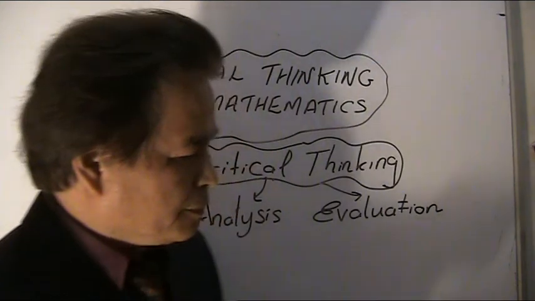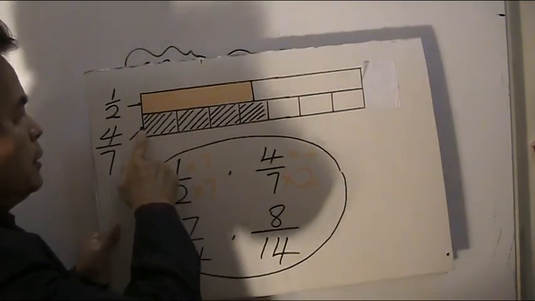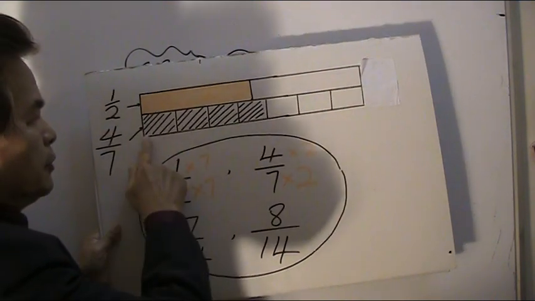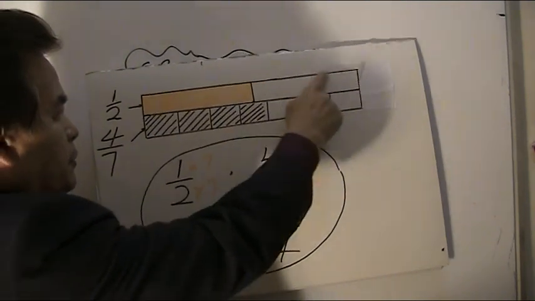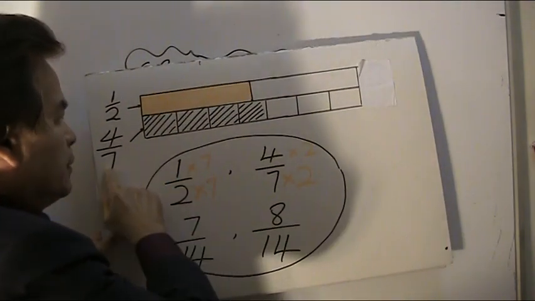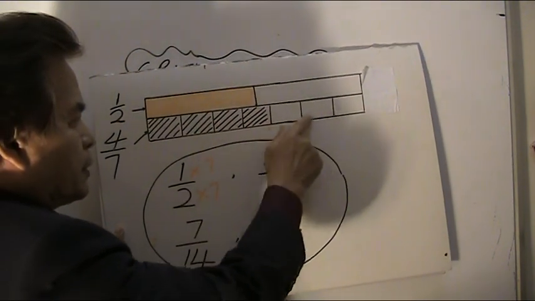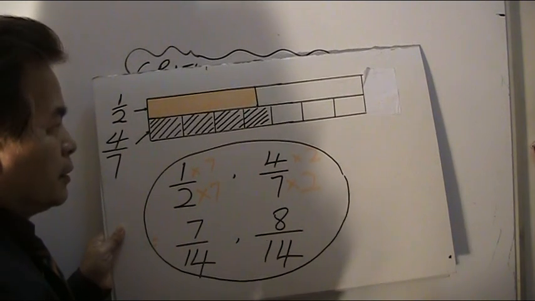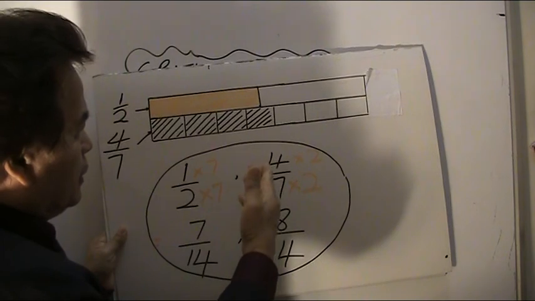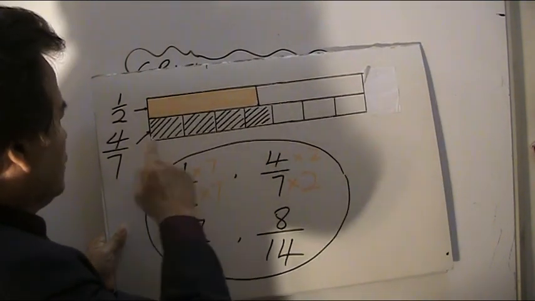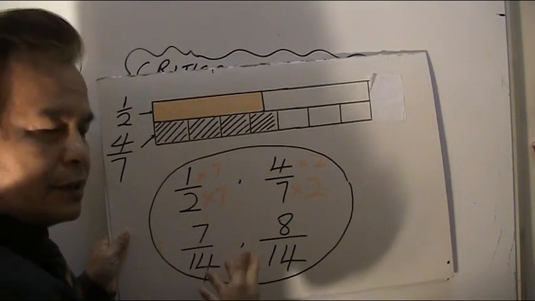For example, you can draw diagrams to show that this is 1/2 and this is 4/7. That is, one part out of 2 parts, and 4/7 they know that it is 4 parts out of 7 parts. 1, 2, 3, 4, 5, 6, 7 parts. Then from the diagram they can see that 4/7 is longer than 1/2, or they can change that to equivalent fractions.